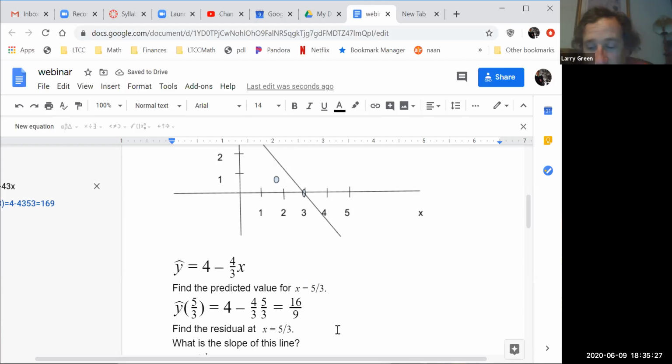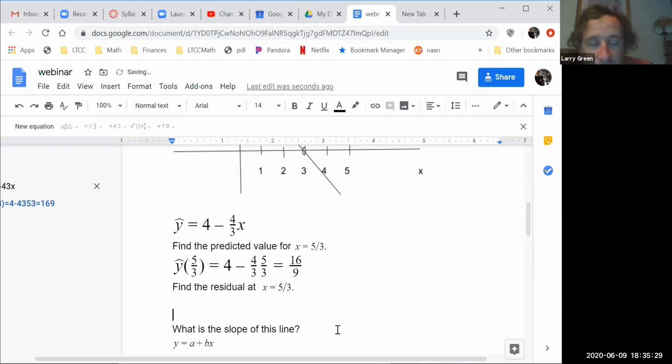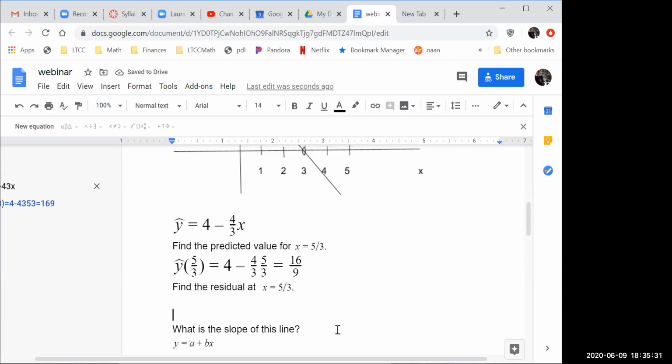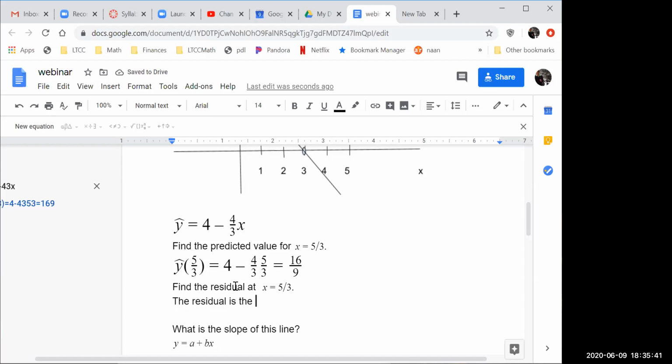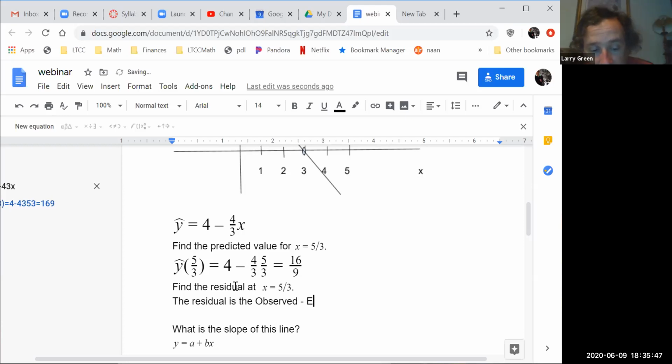Now that's a word you may not have seen before, so we've got to define it. So the residual is the observed minus the expected.